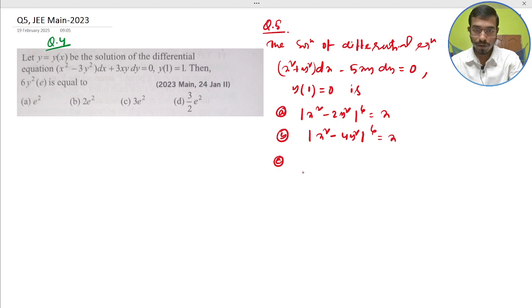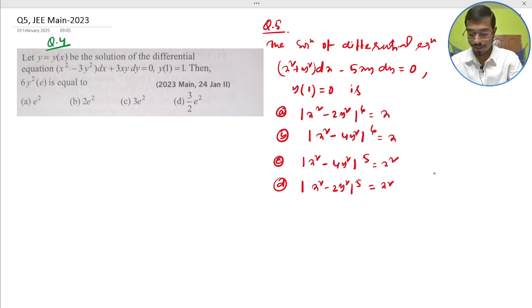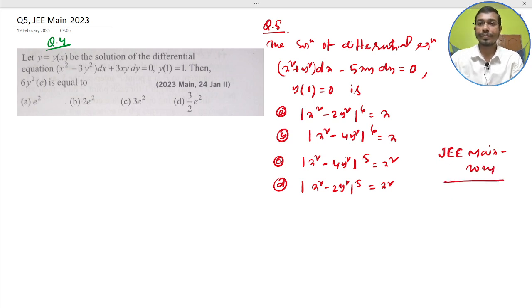Option C: mod (x square minus 4y square) to the power 5 equal to x square, and option D: mod (x square minus 2y square) to the power 5 equal to x square. This is a recent question in JEE Main 2024. Let us solve it together.